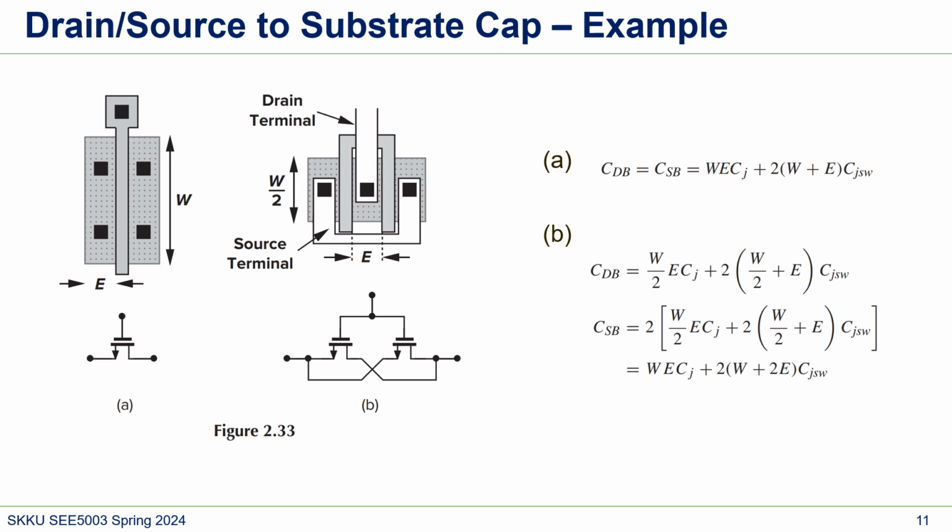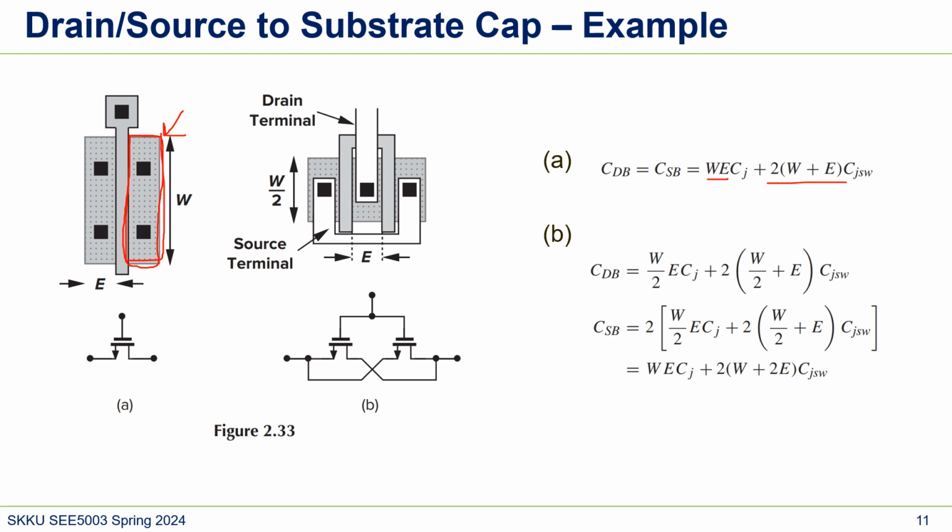So we need the area WE that corresponds to this. So we're looking at this capacitor, right? And then what about the sidewall capacitance? Because we have four sides, right? So what we do is W plus E times 2 and then C sidewall. That's our first case, A.